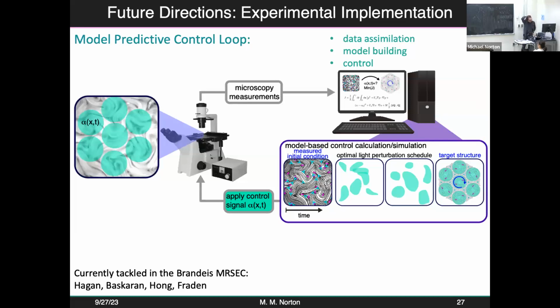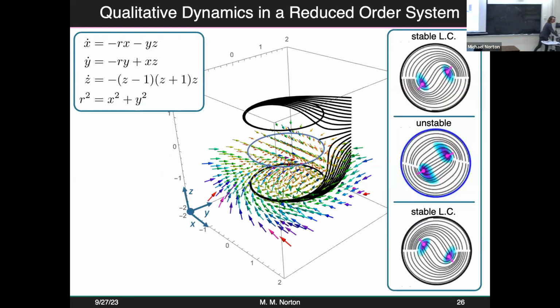Okay, so this is going to conclude part one of the talk. I just wanted to say that when you're going from one to the other, you're changing the spatiotemporal field. The alpha becomes a variable. So I am conflating control inputs and state variables a little bit.